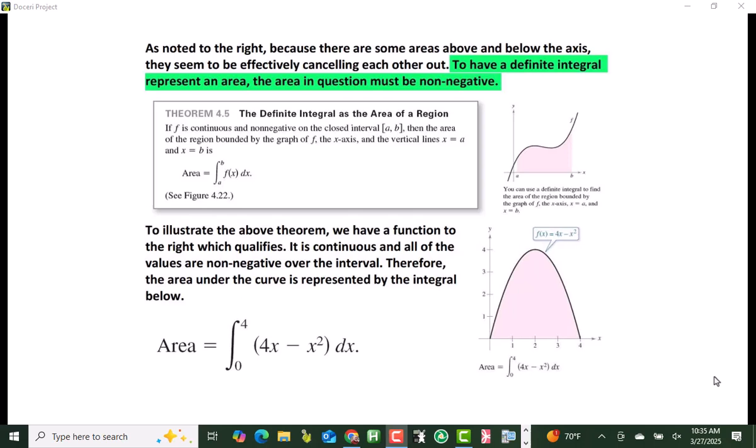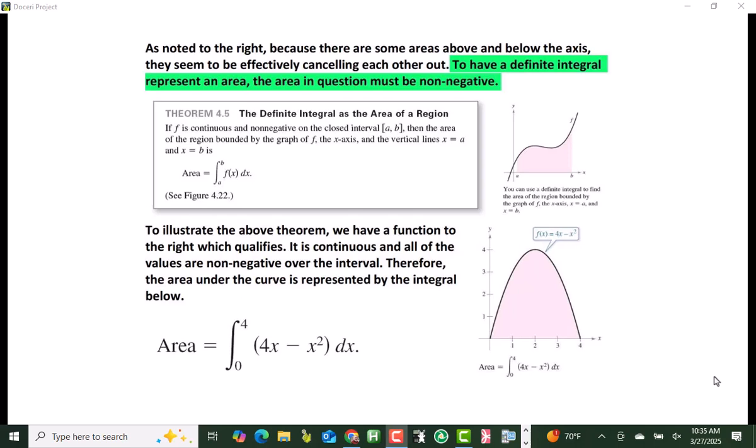If we have a definite integral from a to b, that represents an area. We're going to be writing it like this most of the time, like in Theorem 4.5. So in this pink drawing out here, first one, from a to b, this pink shaded area would represent the definite integral from that.